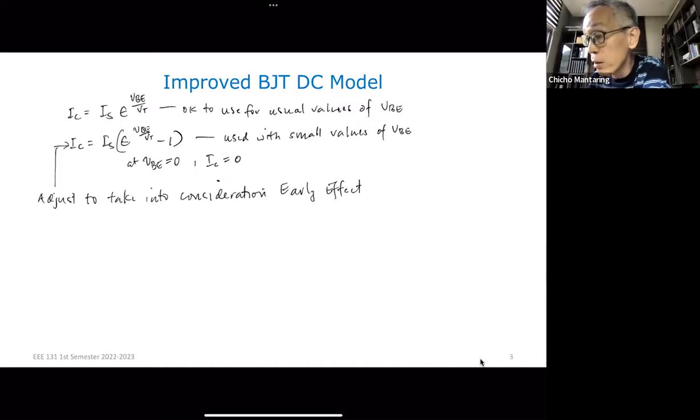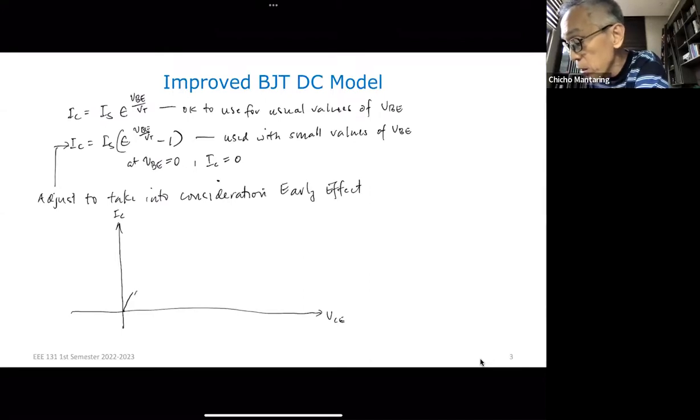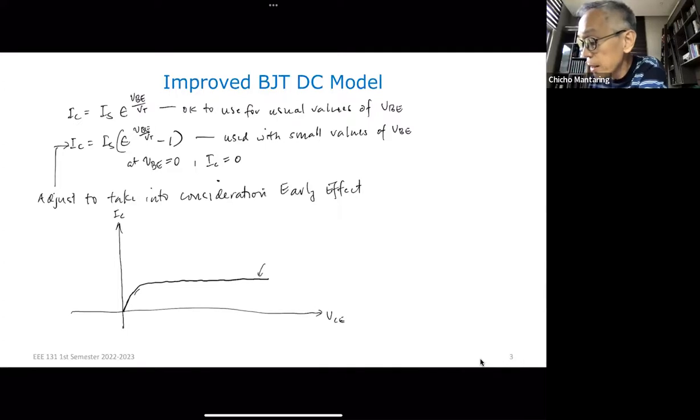If you take a look at our plot of IC versus VCE for a particular value of I sub B, this becomes flat. So here we said that IC is independent of VCE, and this is in the active mode.